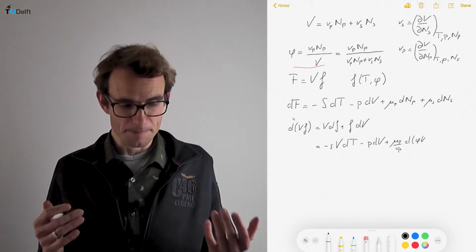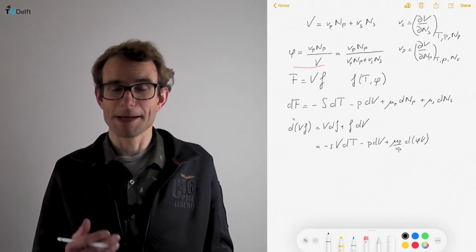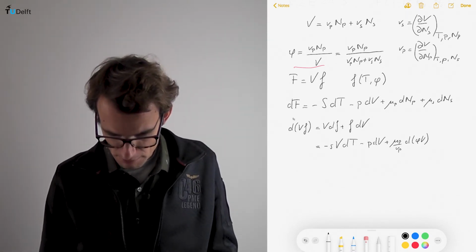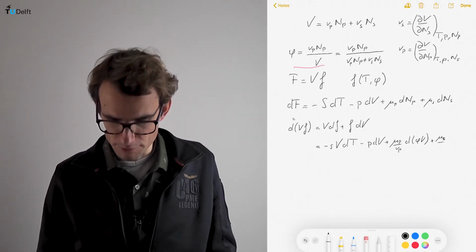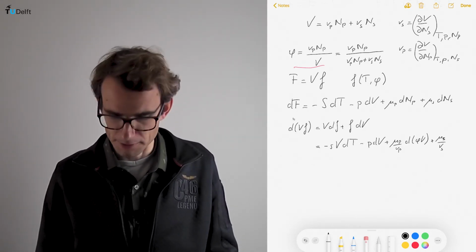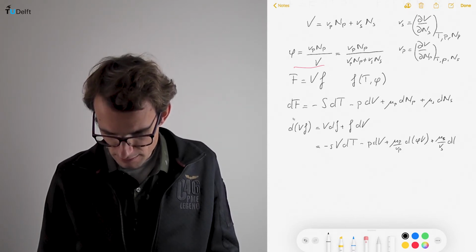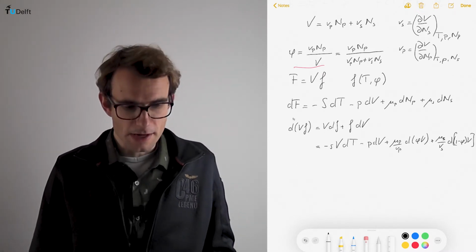And for the number of solvent particles, I get the same thing, except that now I don't get phi, but 1 minus phi. So I have plus mu_s over the specific volume of a solvent particle, d((1 minus phi) V). Of course, this is all within the differential. All right, so now I can work this out.